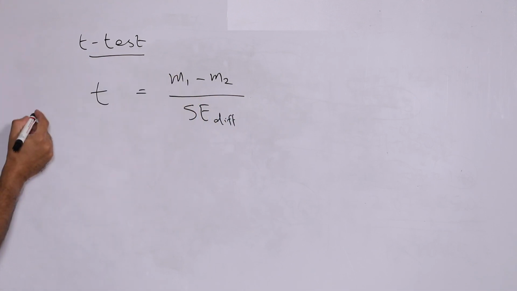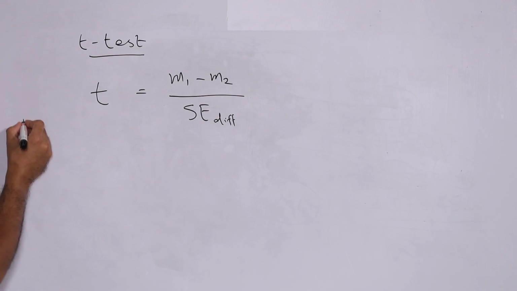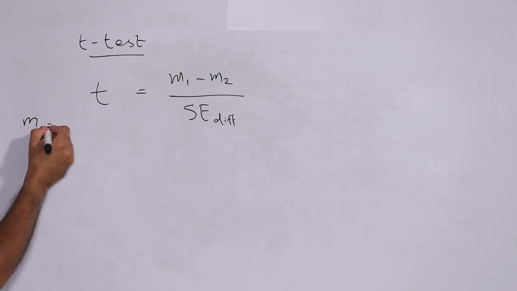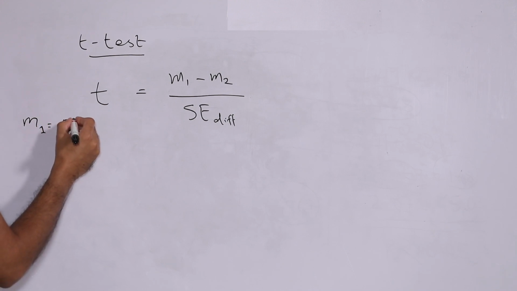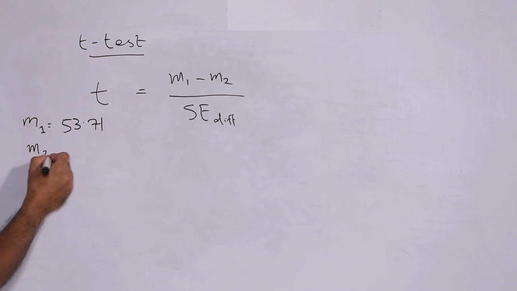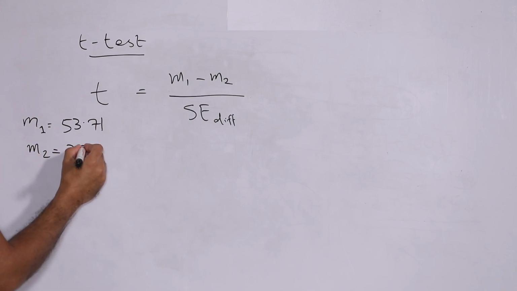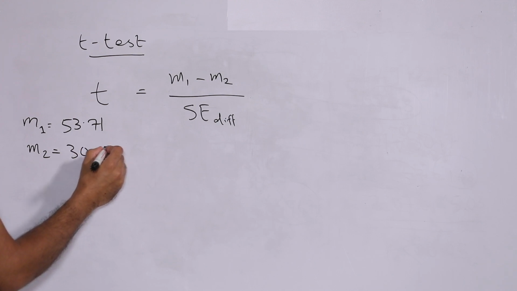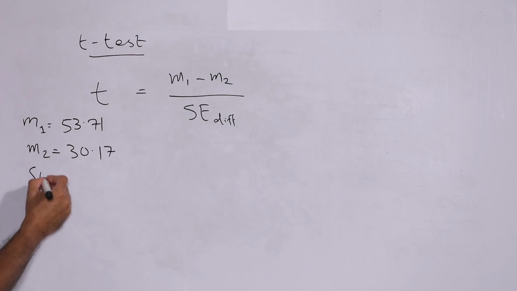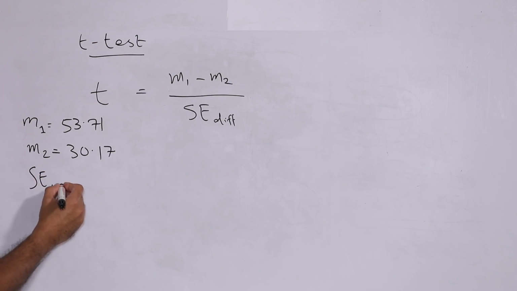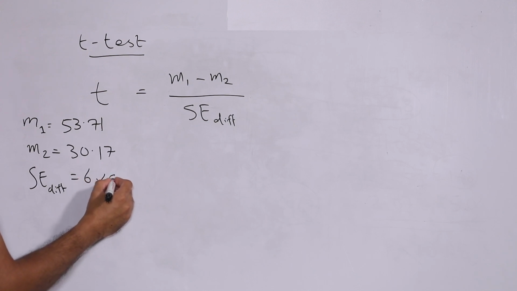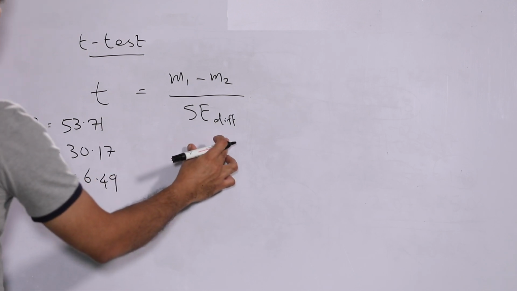So let us see what we know till now. M1, the mean of group 1, is equal to 53.71. Mean of group 2 is equal to 30.17, and we also know the SE difference. SE diff, we already calculated, is equal to 6.49. So all we need to do is to plug into this equation.